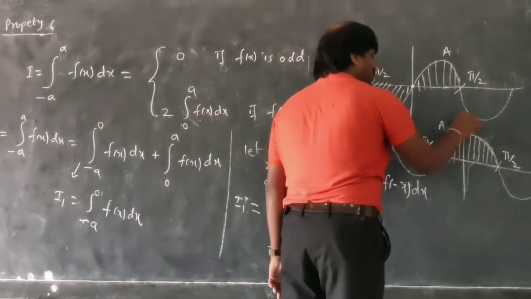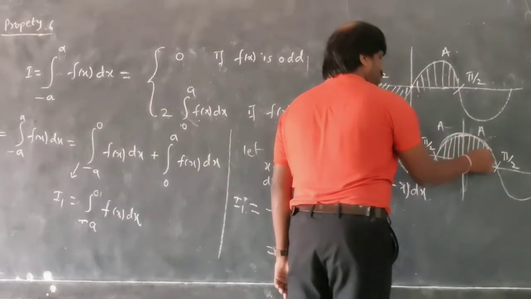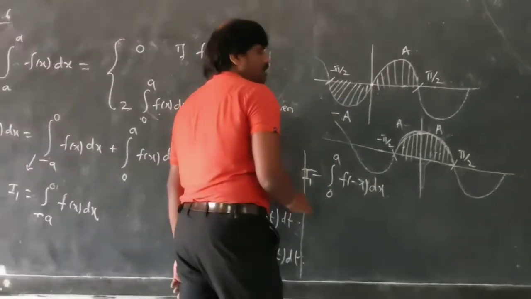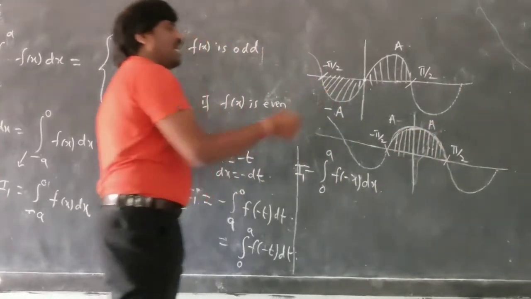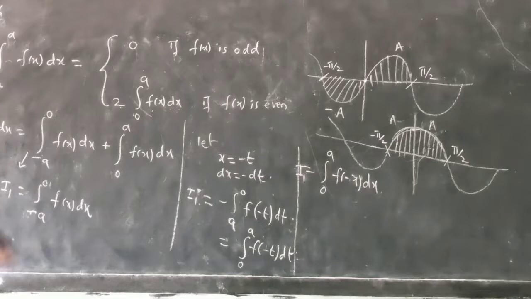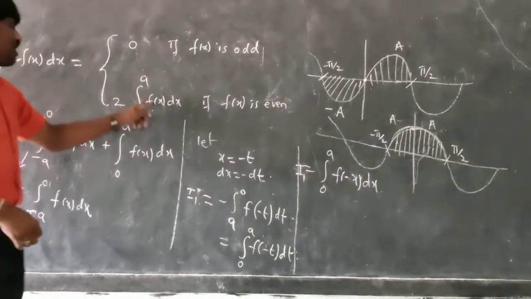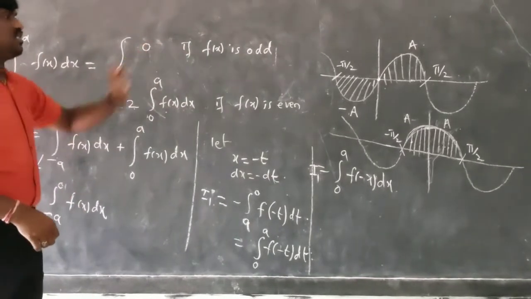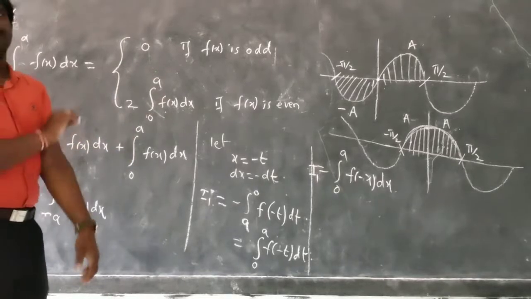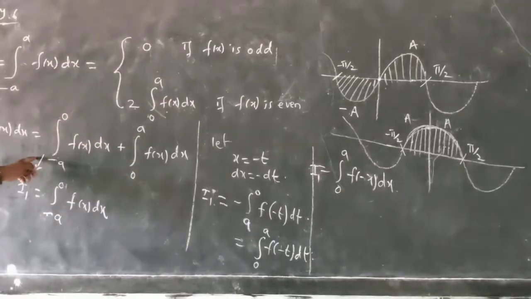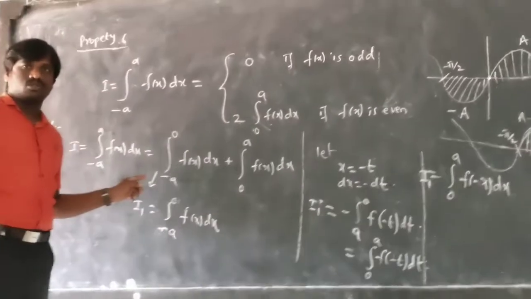Both are positive and these areas will be equal. So a plus a, how much? 2a. That is the reason if it is an even function you get 2 times ∫ from 0 to a of f(x) dx, and for an odd function it is 0. That is the even odd function rule. Now let us see the proof here.